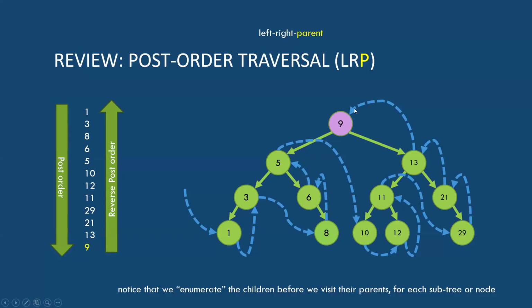We got to take 9 before we can take class 5 or 13, okay? But by following this algorithm, no matter how complex the graph is, we will always end up from the bottom up with a listing of the least dependent things first and the most dependent things at the end, okay?